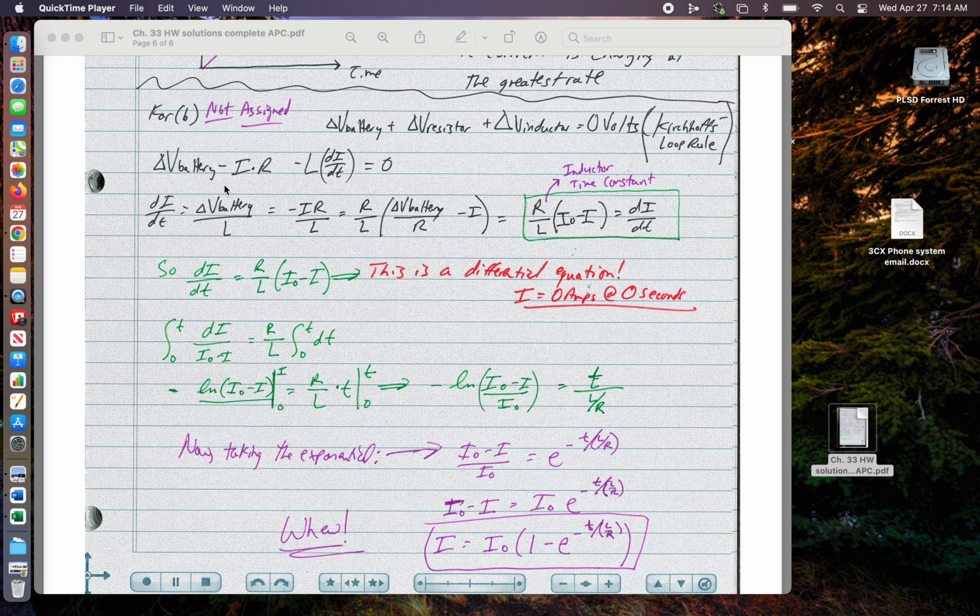So I know that the battery voltage is equal to the voltage lost across the resistor and the voltage pushed back by the inductor. And so all that would equal 0. That's really Kirchhoff's loop rule.